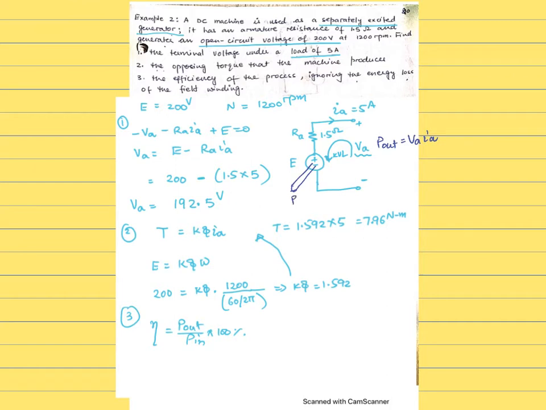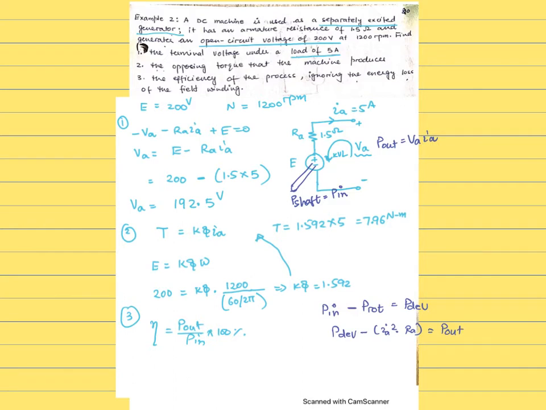So the shaft power is its input, and you know from the power flow, after the input power you subtract the rotational losses. That gives you the developed power, and from the developed power you take out the electrical losses, and that gives you the output power, right?